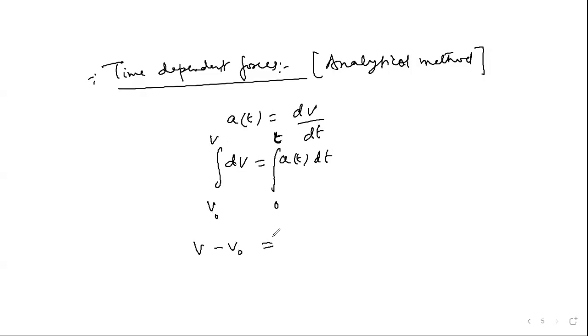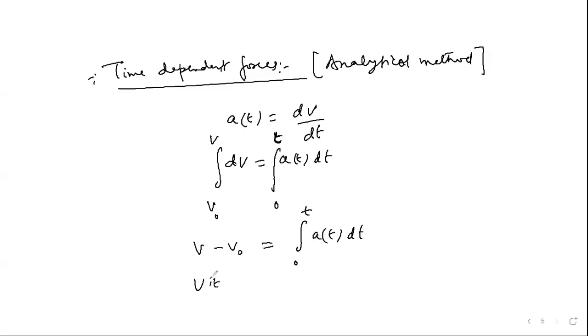My right hand side, now you can understand what it will be. I cannot take this a outside, so I keep this integral as it is because I don't know how acceleration depends on time. Previously, we took this acceleration outside the integral because acceleration was constant. So I will keep it this way, 0 to t, a of t, dt.